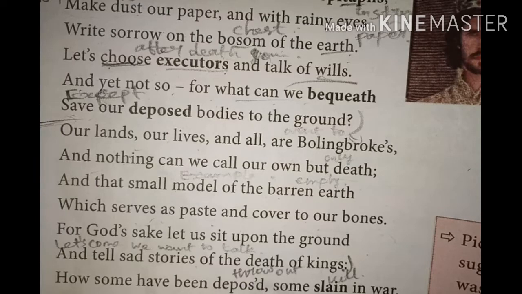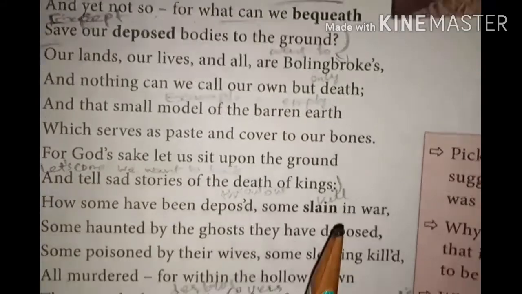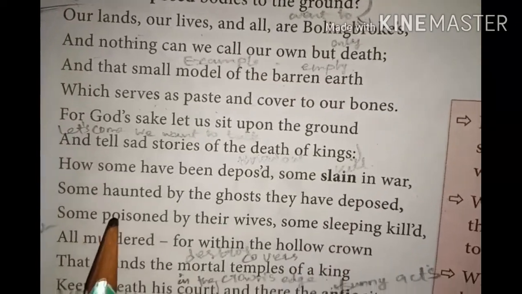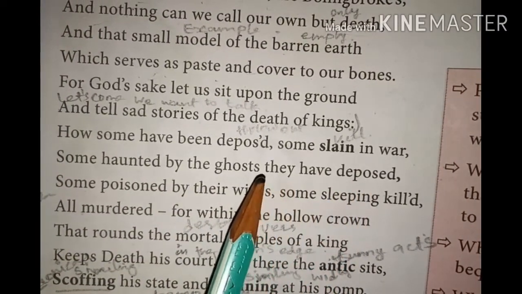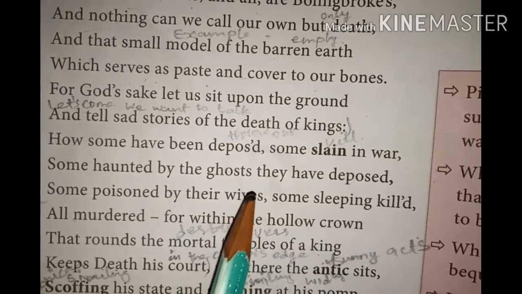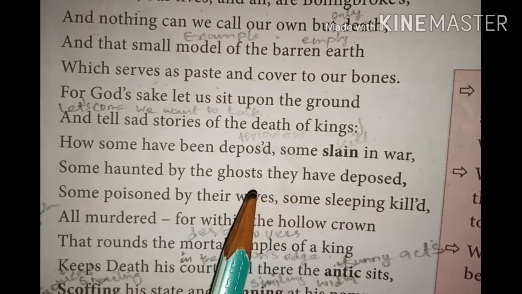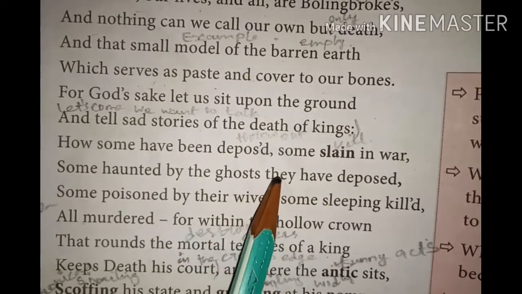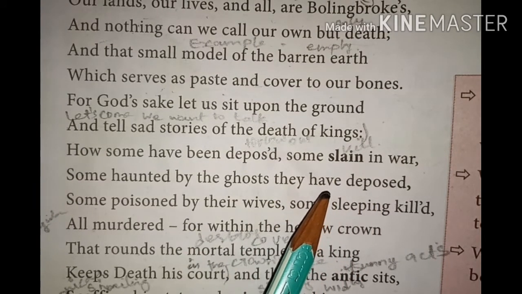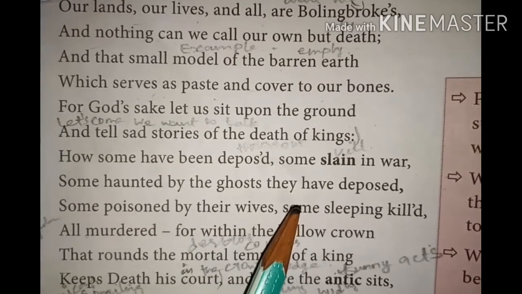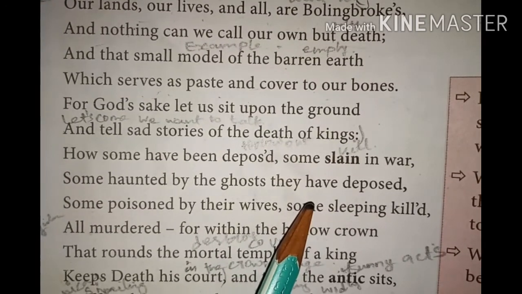Somebody was killed in the war, and some were haunted by the ghosts of those they deposed. Why are they haunted by the ghost? Because they deposed someone. For example, Bolingbroke deposed Richard II.